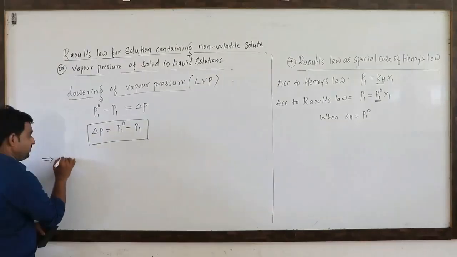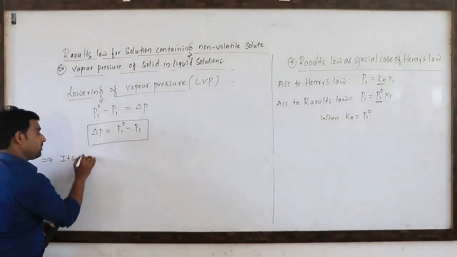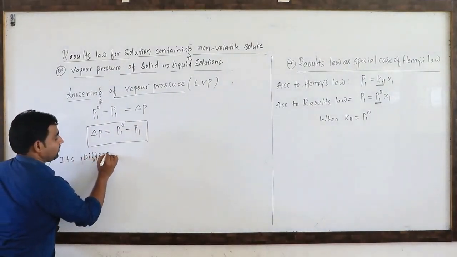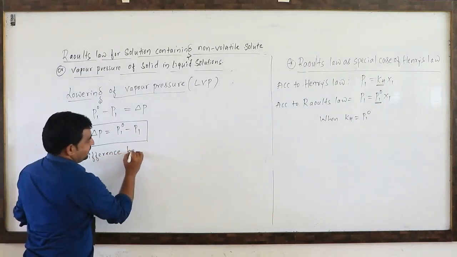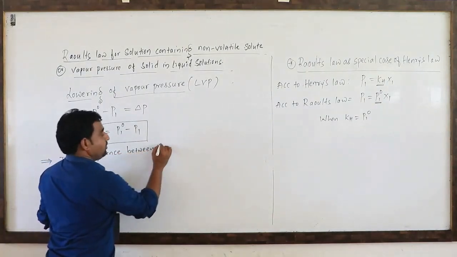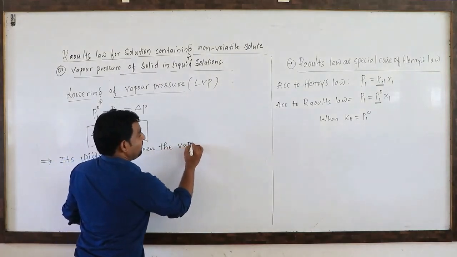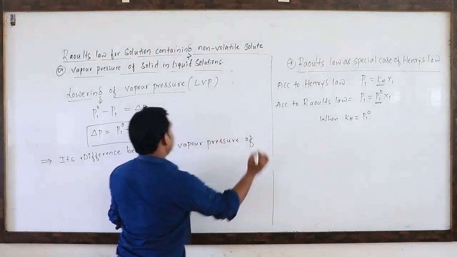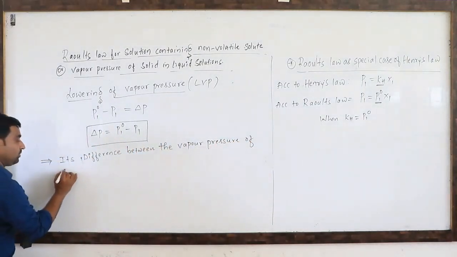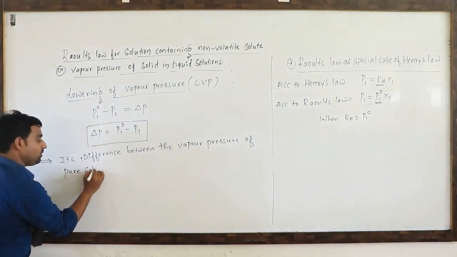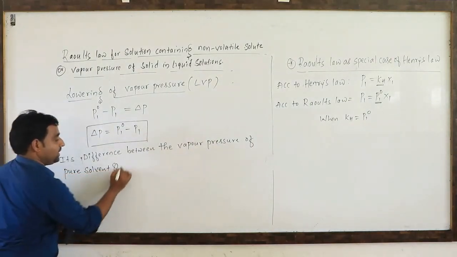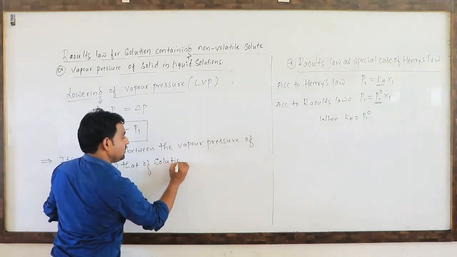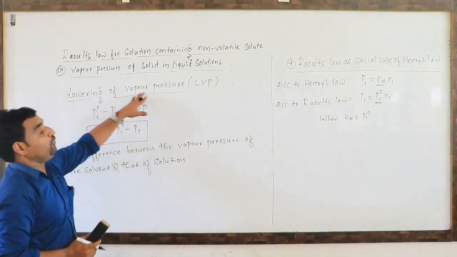How to define this? The difference between the vapor pressure of pure solvent and that of solution is known as lowering of vapor pressure.